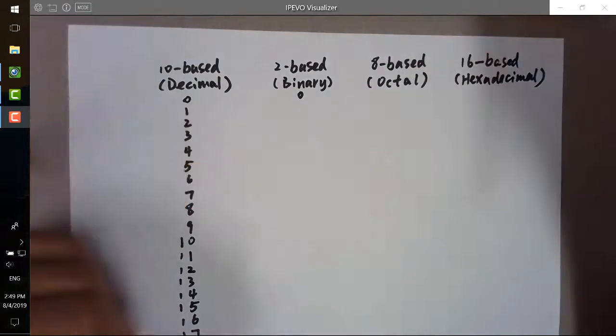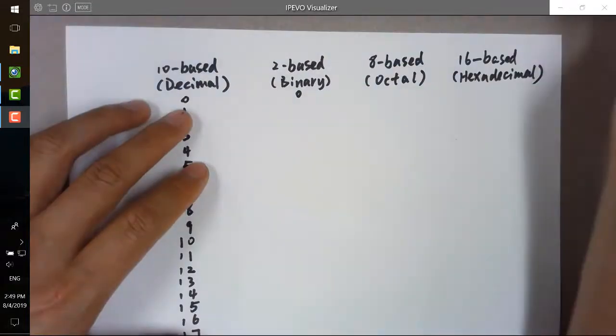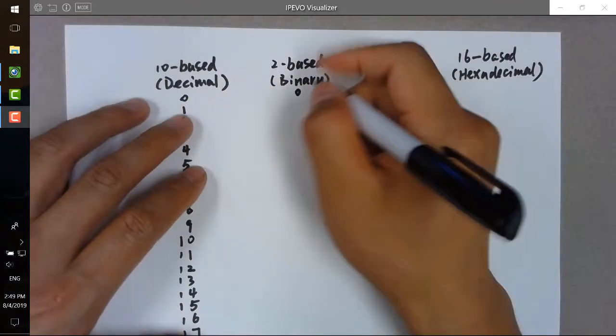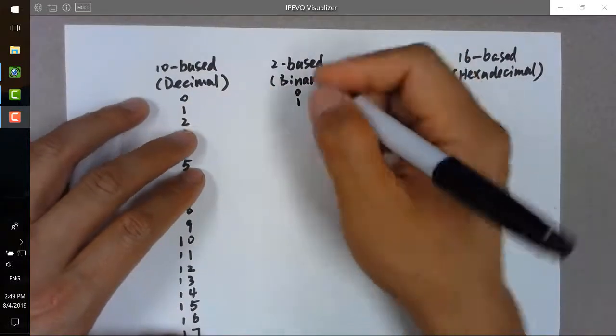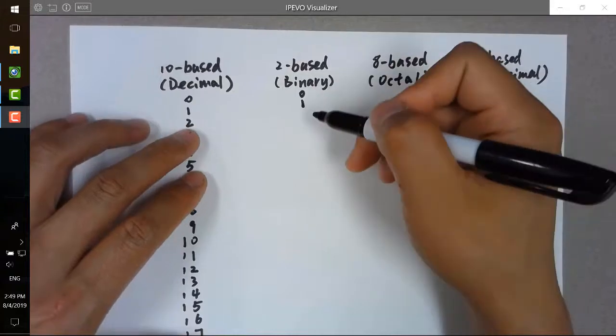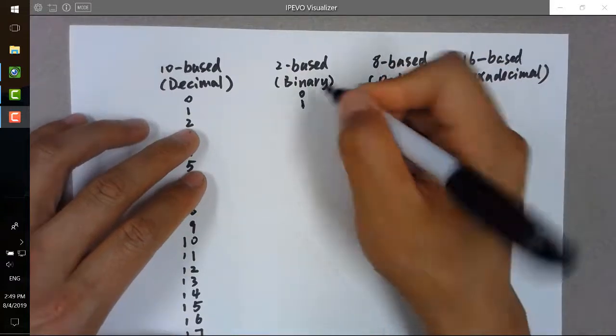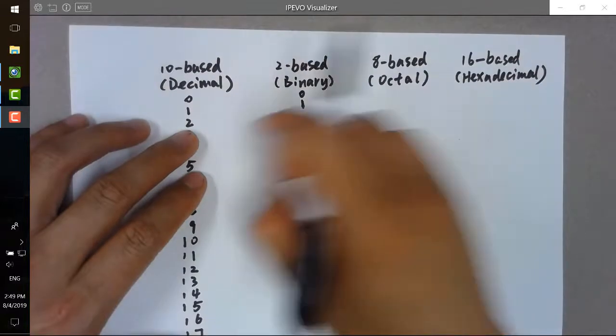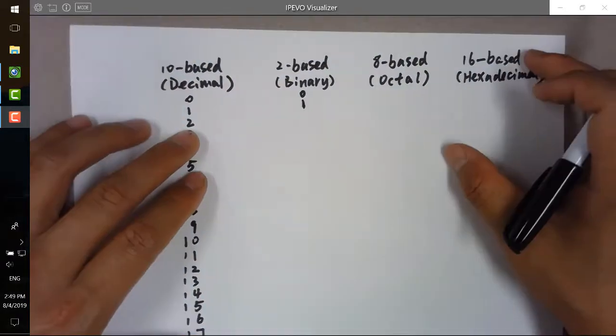If you have nothing, you have nothing anywhere else as well, right? So 0 is 0, 1 is 1. However, you do not have this 2 in a binary number system, so we have to figure out how to represent 2 in binary, right?